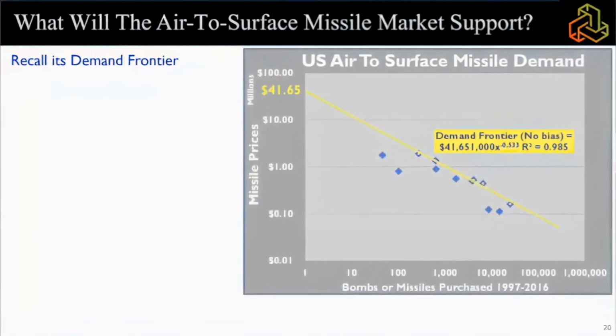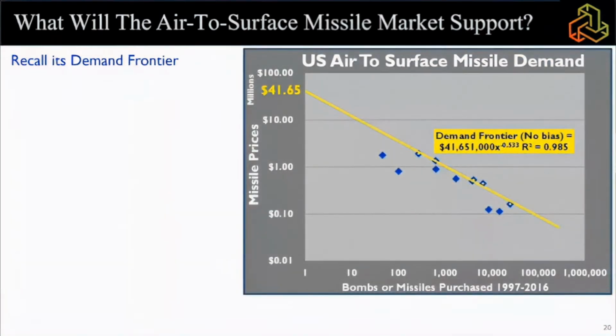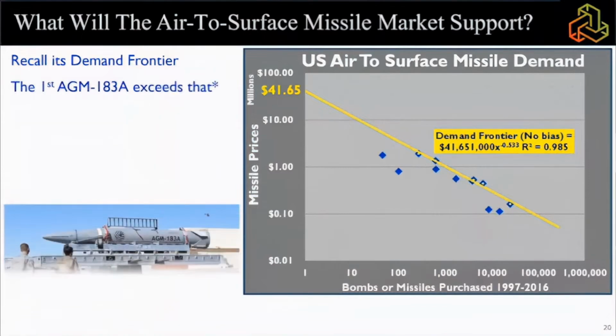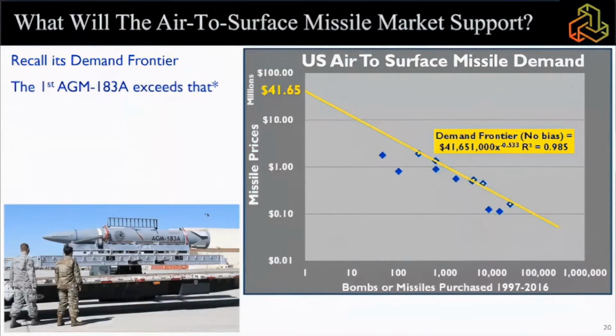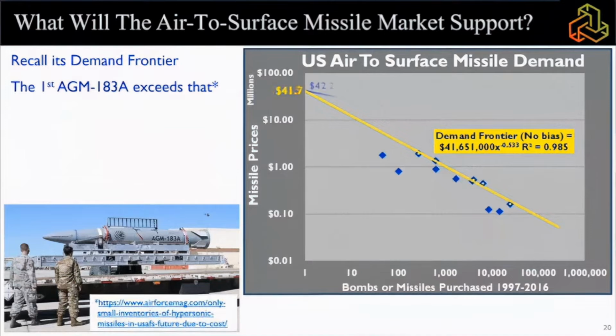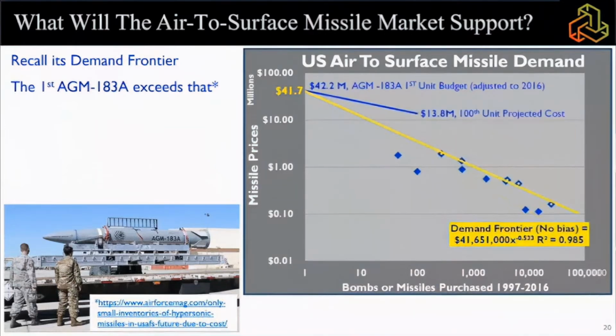Again, so what will the air-to-surface market for missiles support? So here's our demand frontier. Recall we had this. Now we've driven this curve all the way back to its constant here at 1. Well, the United States, again, has this AGM-183. This is the Lockheed Martin hypersonic missile. And its price at Unit 1, adjusted back to 2016, actually exceeds this limit.